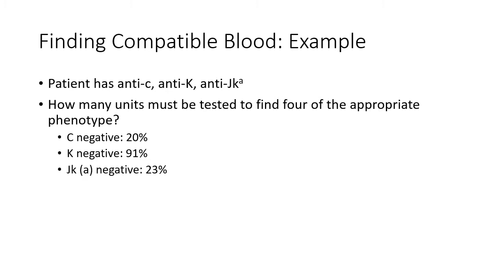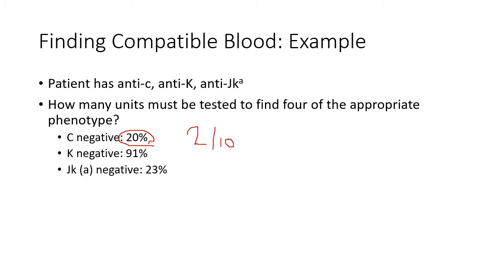So you need to find 4 units of blood which are all c negative, Kel negative, and JKA negative. What you have here is the frequency of negative units within the population. With c, 20% of the patient population will be negative for little c. That means 2 out of 10 people will be negative.